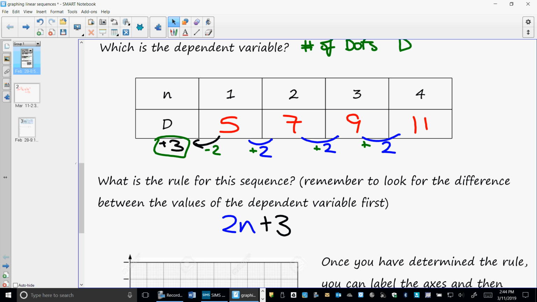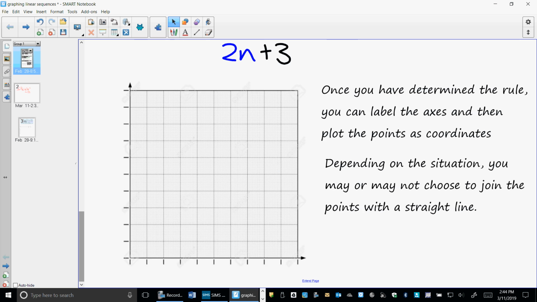On the bottom, the horizontal bit. So which of these was the independent? The term number, yes? So we would label our axes down here, N. We're used to labeling them X and Y, aren't we? But this one's going to be an N. And what am I going to label this vertical axis? D. Awesome.